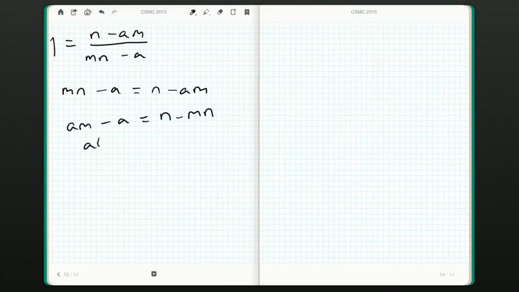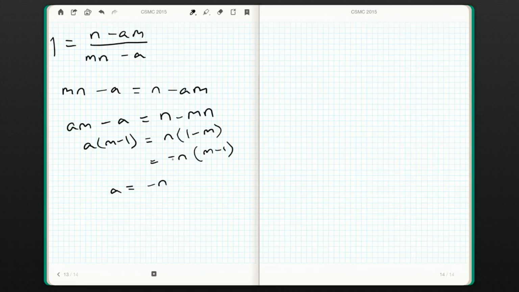So I've got a(m minus 1) is equal to n(1 minus m). Interesting. I can rearrange that and say minus n is m minus 1, and we can then say a is negative n, dividing by m minus 1 on both sides.